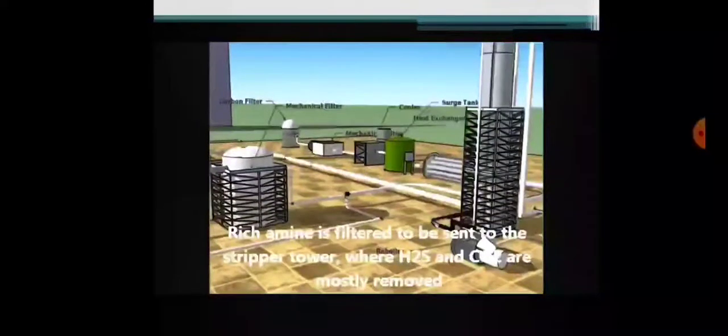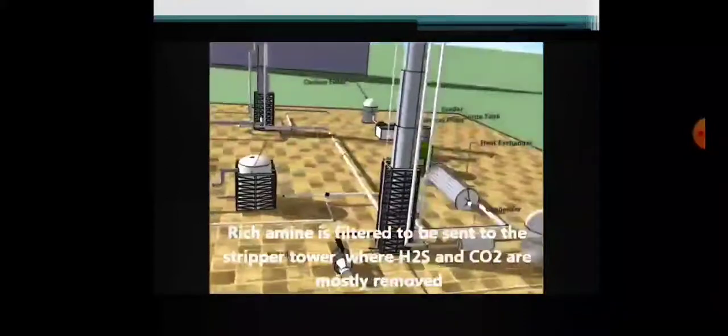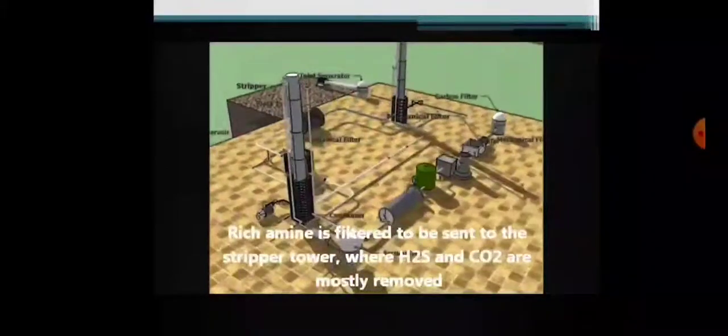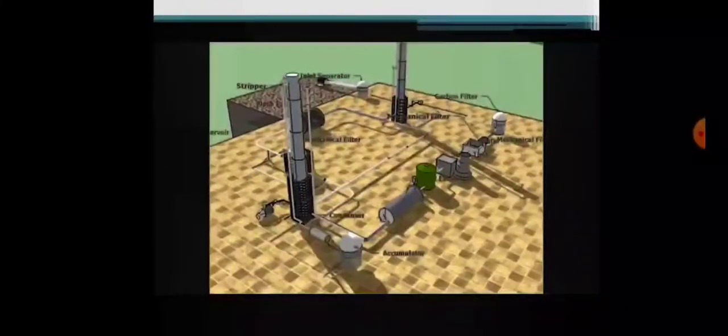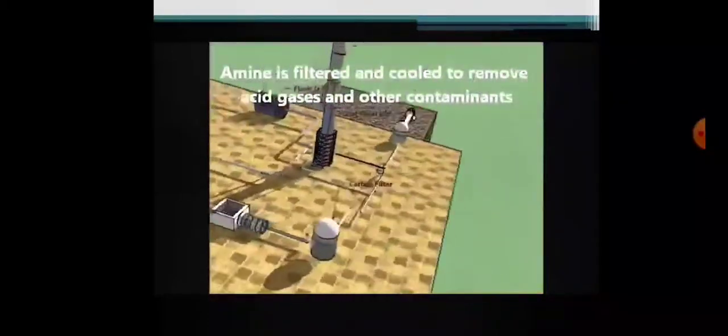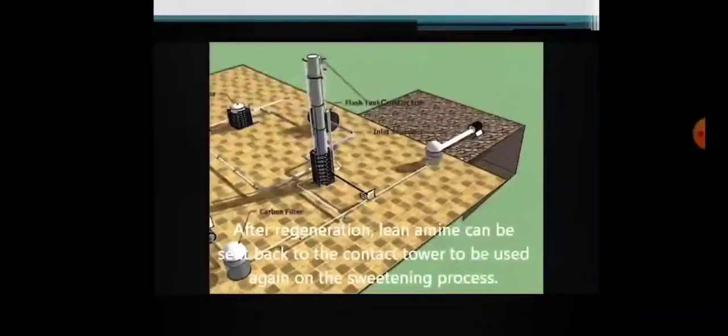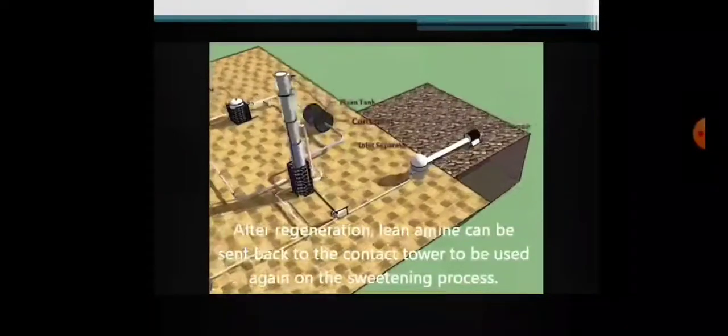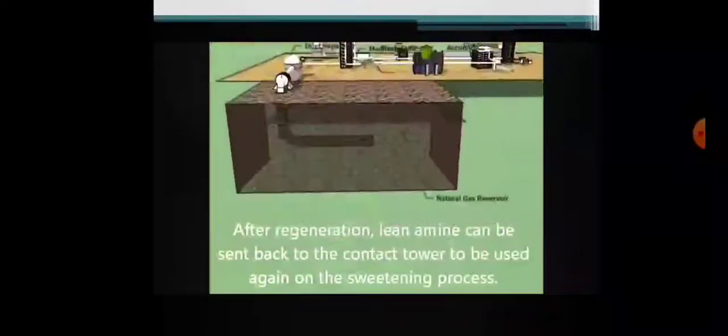Rich amine is filtered and sent to the stripper tower where H2S and CO2 are mostly removed. Amine is filtered and cooled to remove acid gases and other contaminants. After regeneration, lean amine can be sent back to the contactor tower to be used again in the sweetening process.